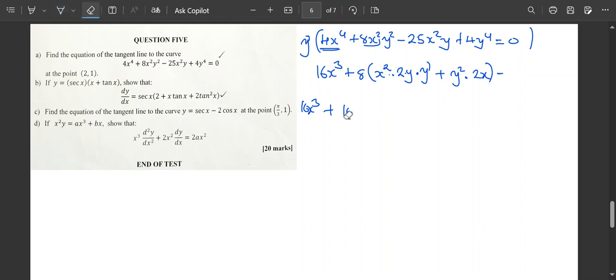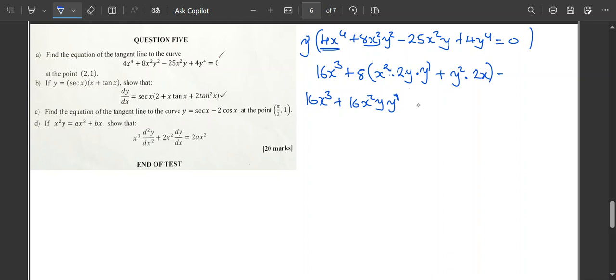So I have 16x to the power 3, then plus 16, x squared y, then y prime.